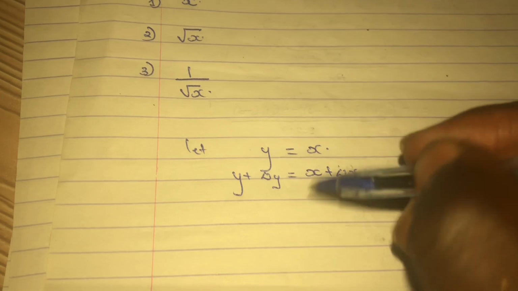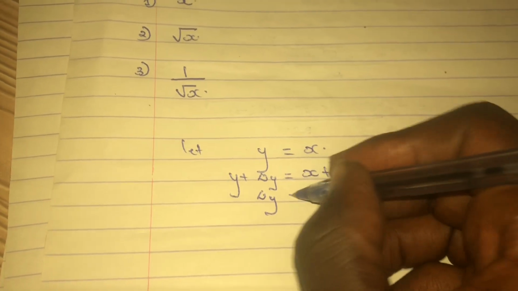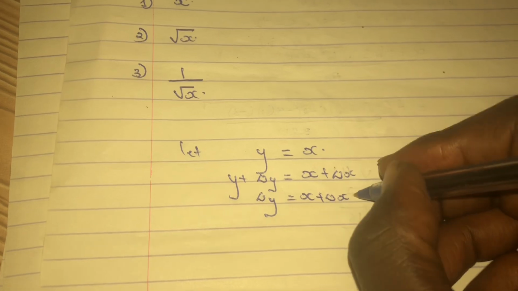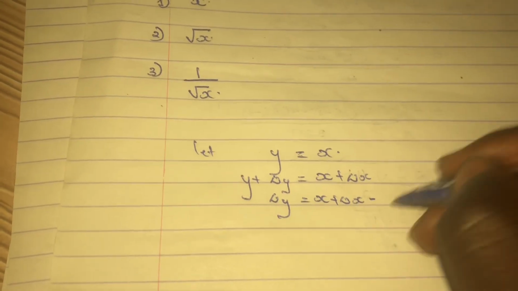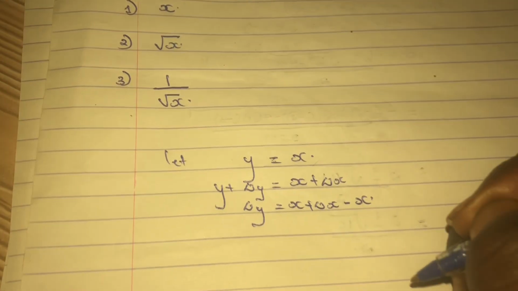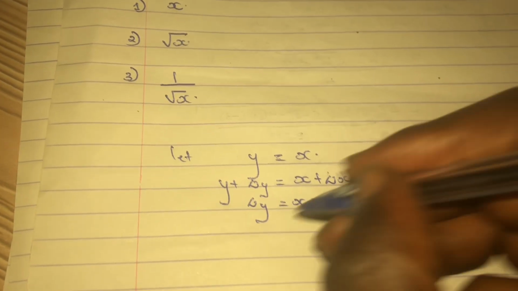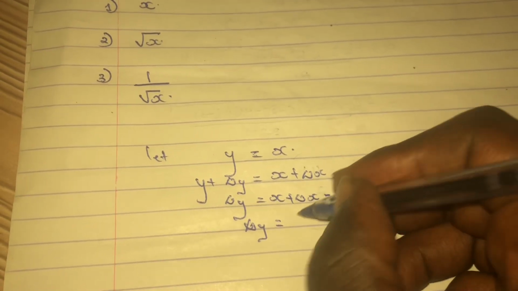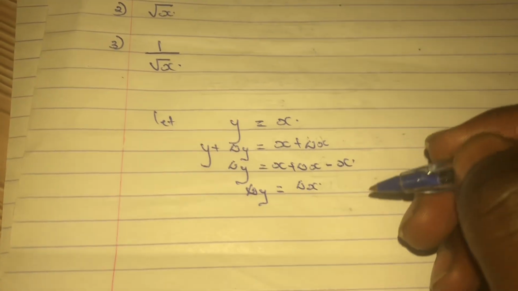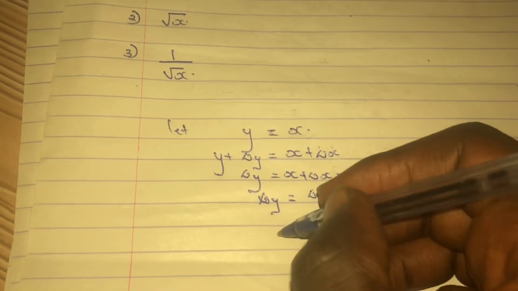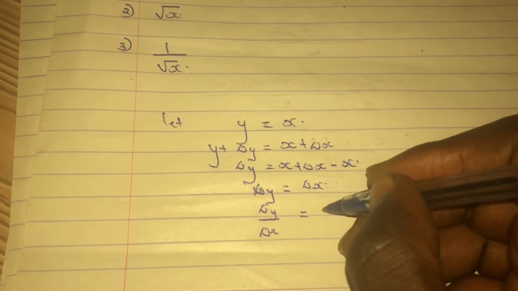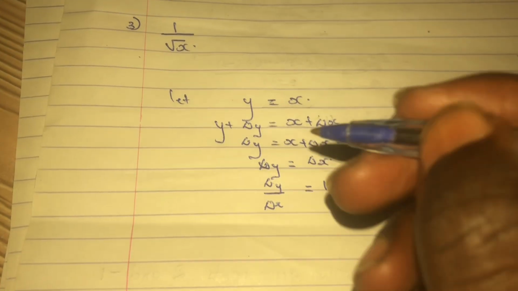Put this y this side, remain with change in y equals x plus change in x minus y, where y is actually x. That means this and this will cancel, remain with change in y equals change in x. When you put change in x down, it becomes change in y over change in x equals 1.